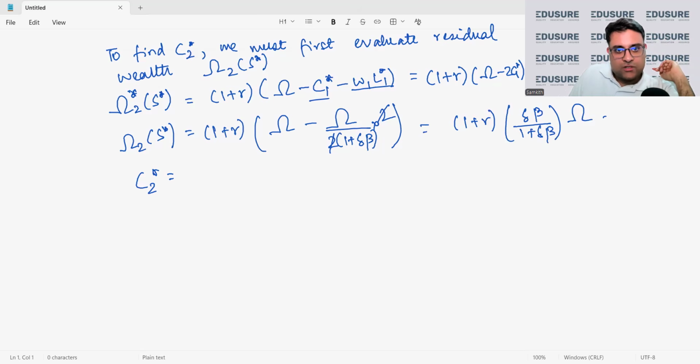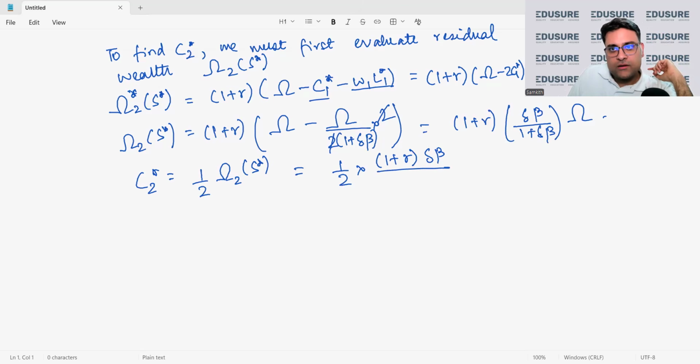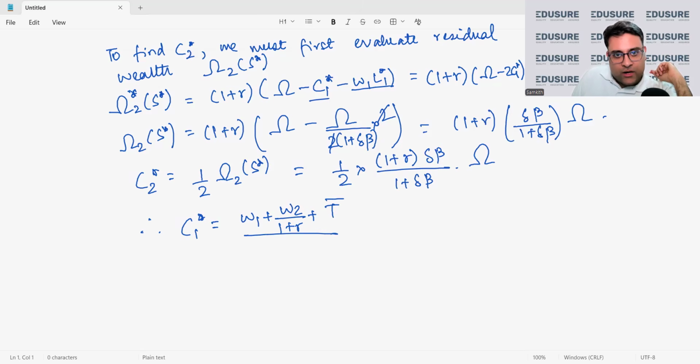C2 star was equal to 1 by 2 omega 2 S star, so 1 by 2 into 1 plus R delta beta divided by 1 plus delta beta into this. Therefore, final allocation C1 star is W1 plus W2 by 1 plus R plus T bar, whole divided by 2 into 1 plus delta beta.